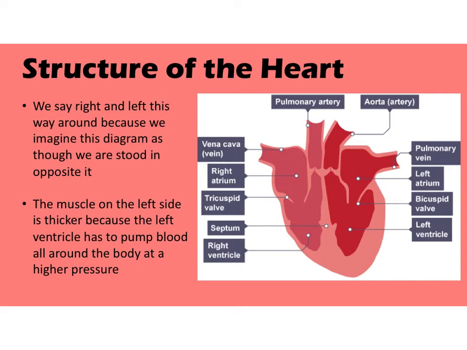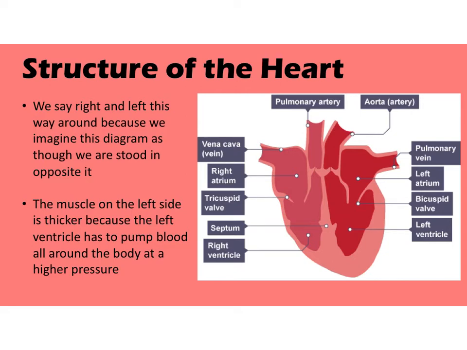Okay, so now let's look at the structure of the heart. You may have noticed that when you're looking at pictures of a heart, the right and the left are the wrong way round. We say them this way round because we imagine this diagram as though we were stood opposite it.